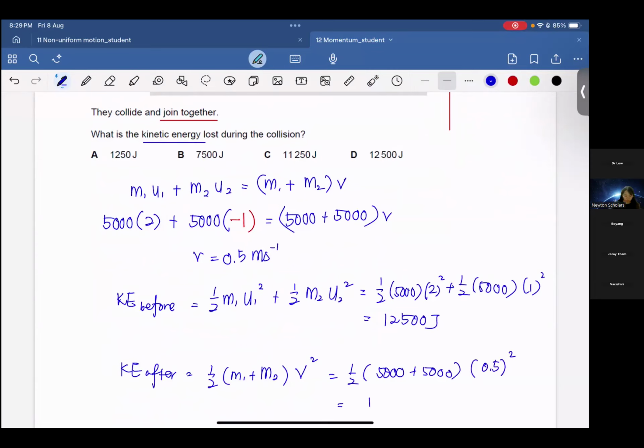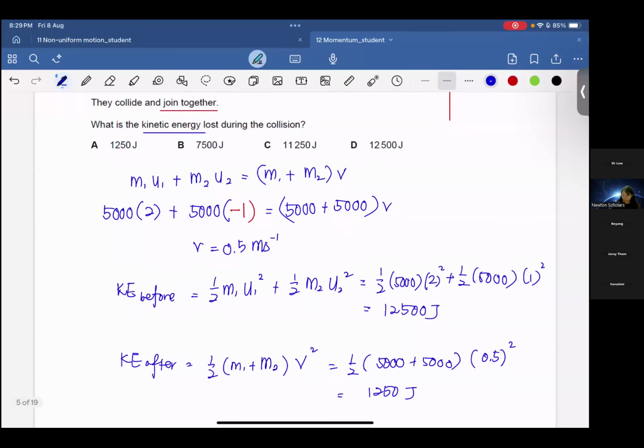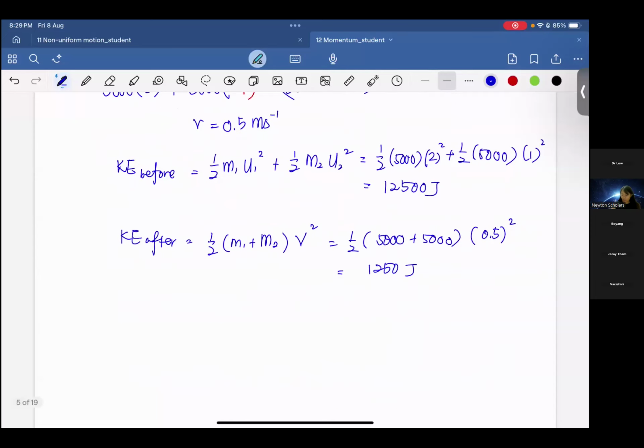So your answer should be 1250 joules. After collision, we are left with 1250 joules of kinetic energy. So kinetic energy loss: 12500 joules, minus 1250, so we lost 11250 joules.